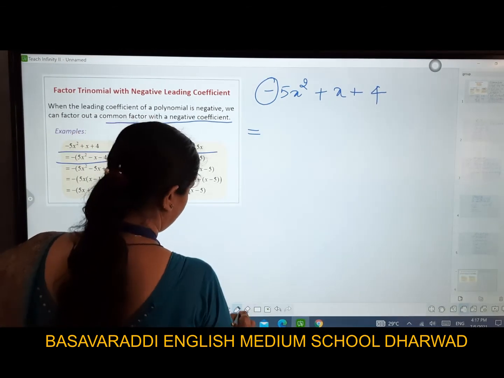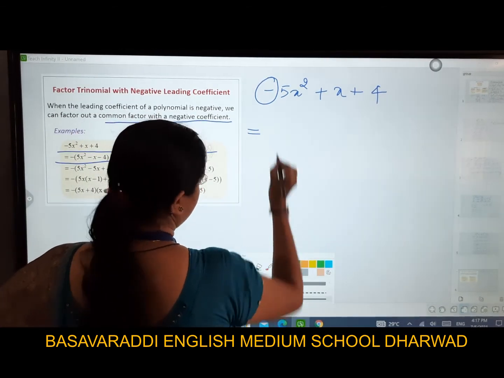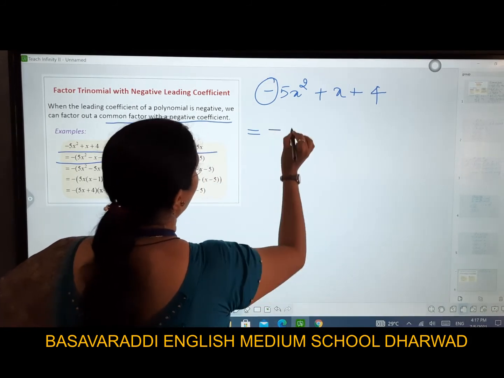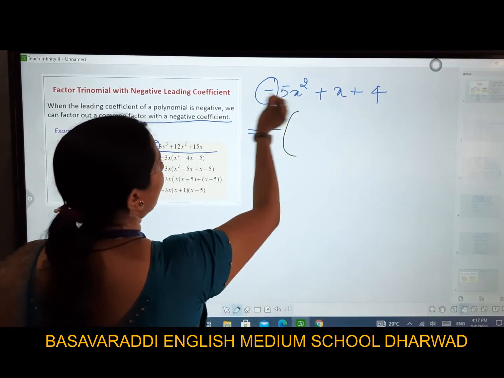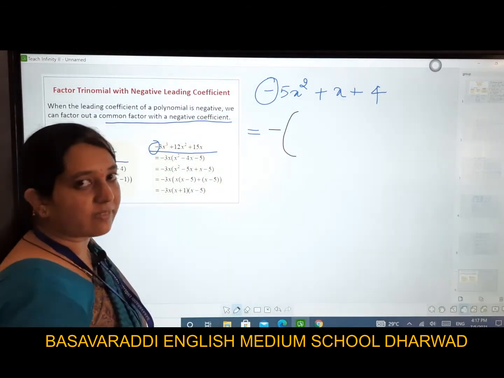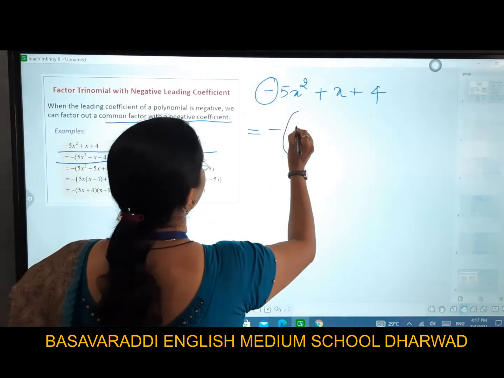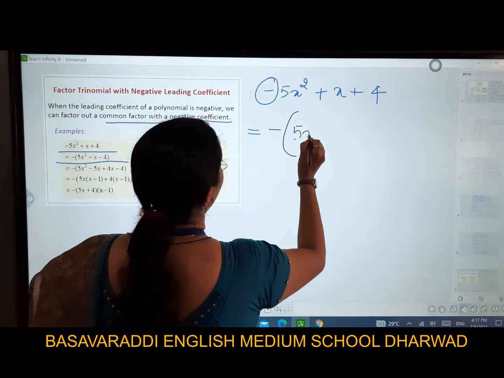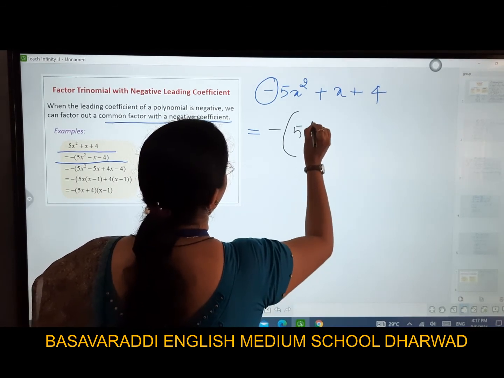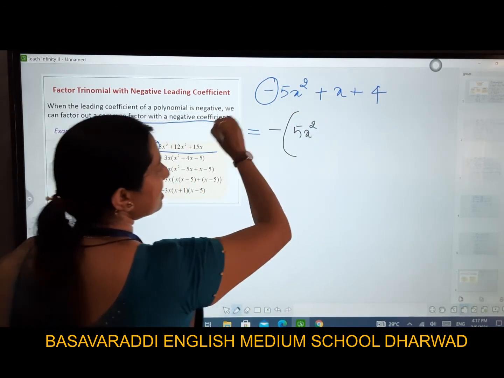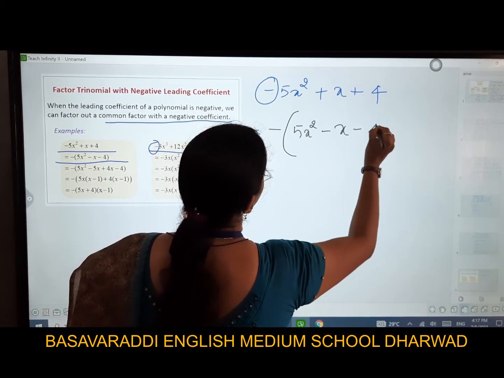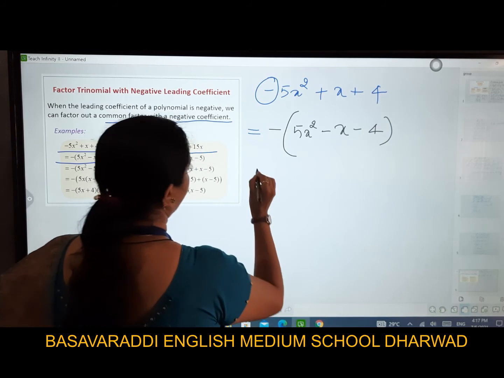So, minus of, when this minus is taken outside, minus 5x square will become plus 5x square. So it is 5x square, and plus x becomes minus x, and plus 4 becomes minus 4 here.